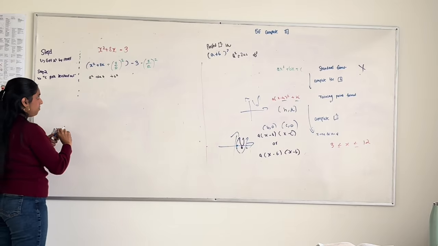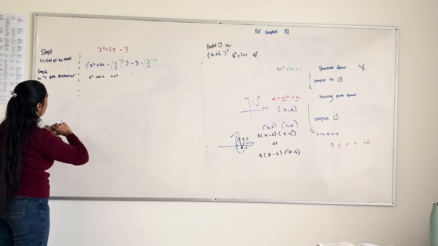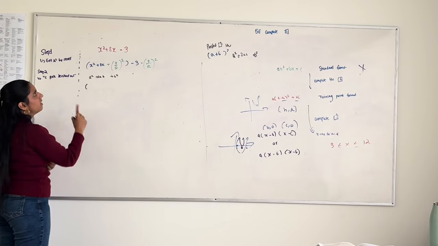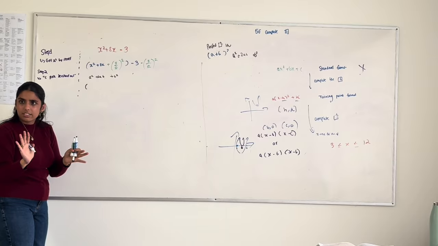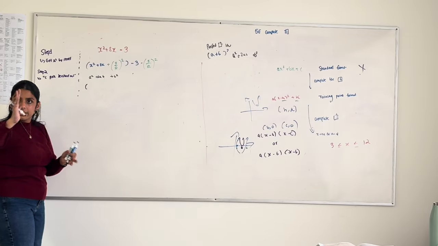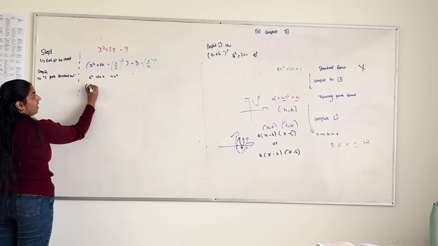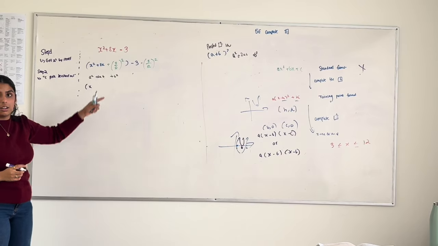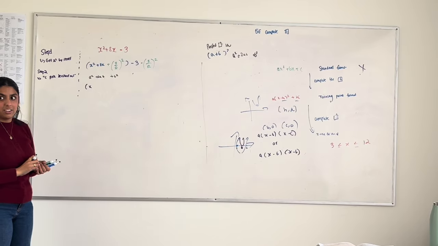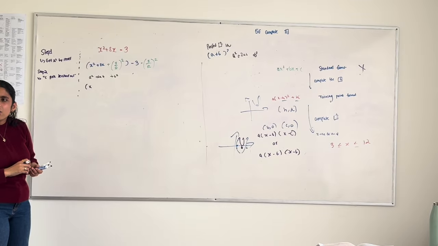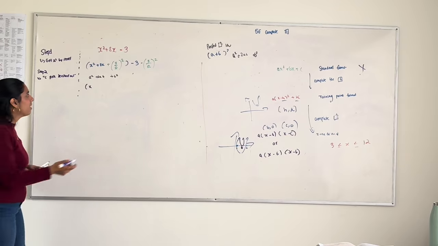What's your a? a is just x. They're both squared, so a is x. What's your b? Not b squared, what's your b? Half of 8, which is 4.